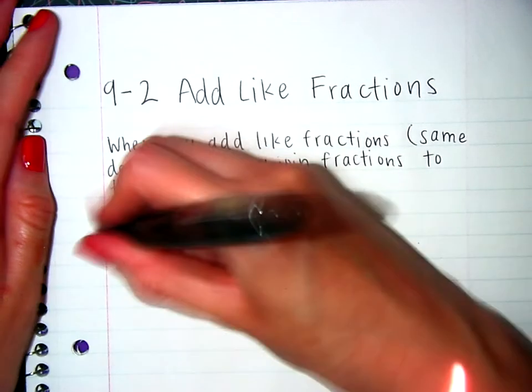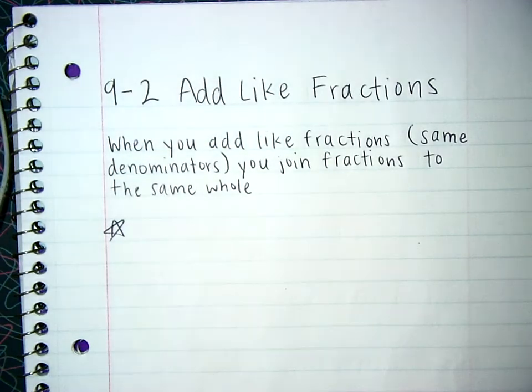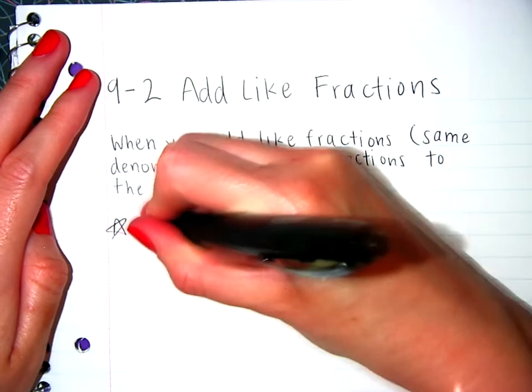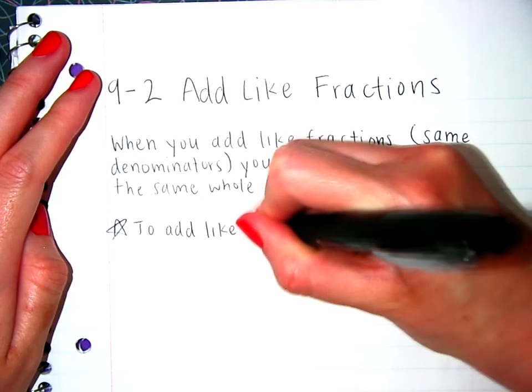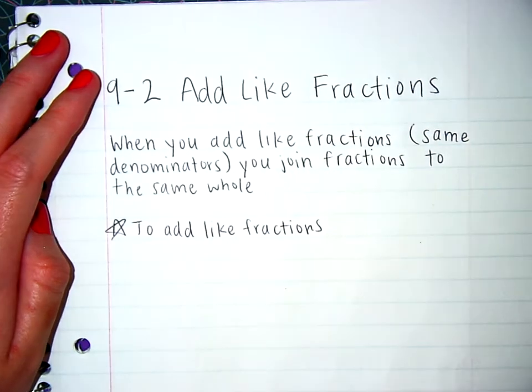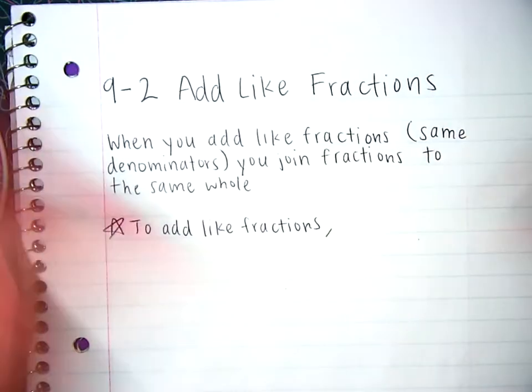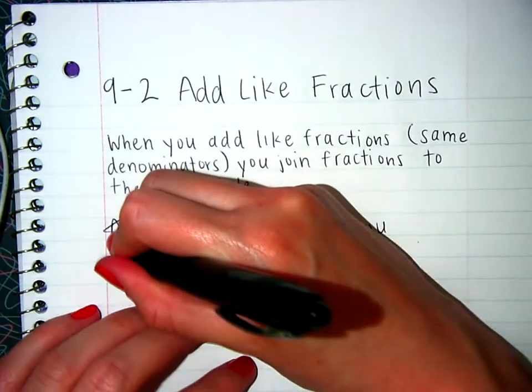So then I'm going to go ahead and put a star here, and that means that this is the most important thing for the lesson. And this is, in order to add like fractions, I'm going to do this in steps.